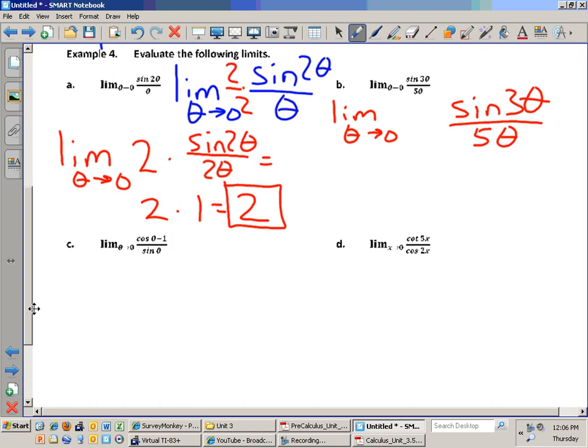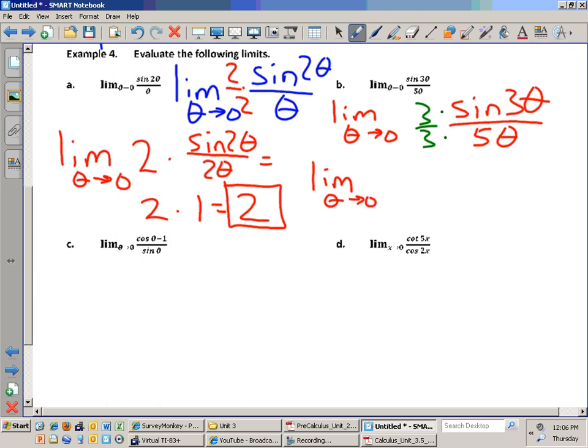And if I multiply the denominator by 3, I have to multiply the numerator by 3. Now that looks a little bit different. All I'm going to do is switch the 3 and the 5: 3 over 5 times sine of 3 theta over 3 theta.